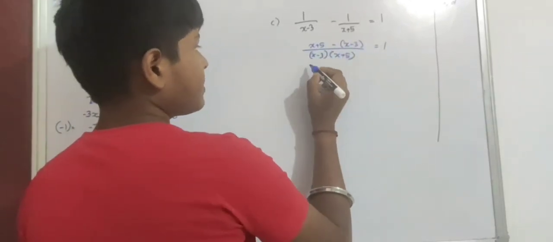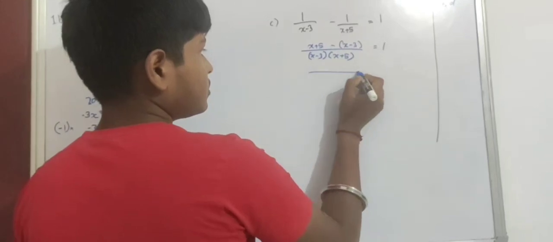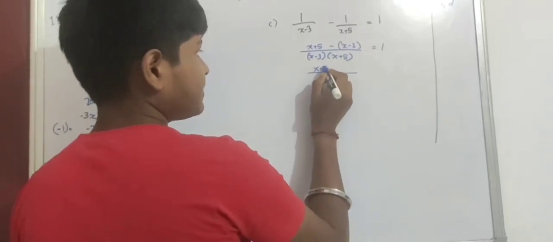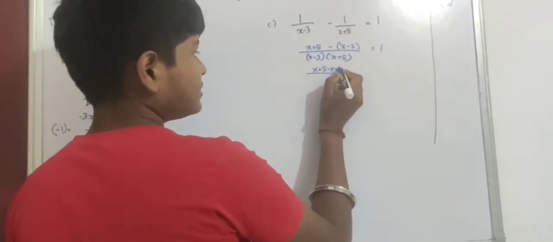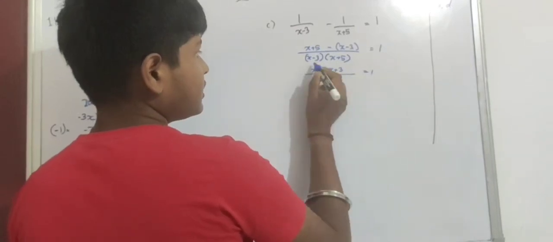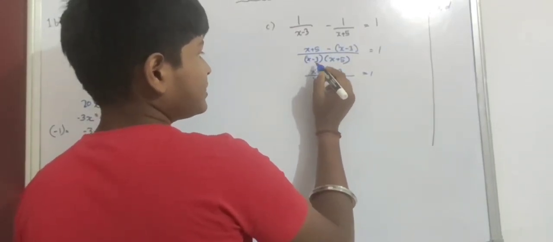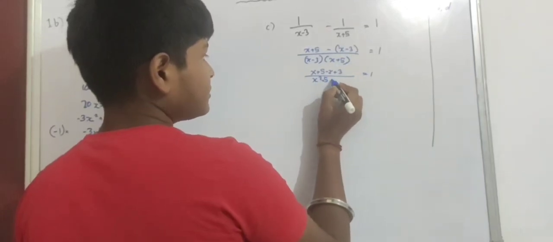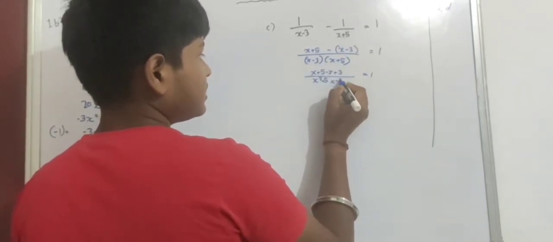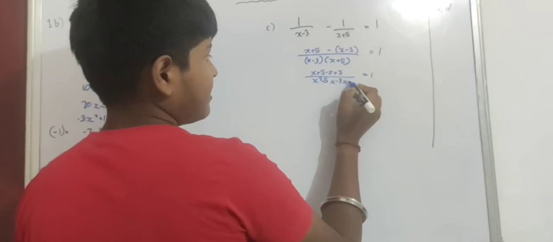To solve this, you will get x plus 5 minus x plus 3 equals 1, and below you have x square, x into 5, 5x, minus 3x and minus 15.